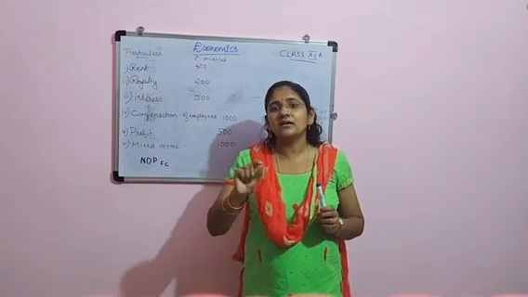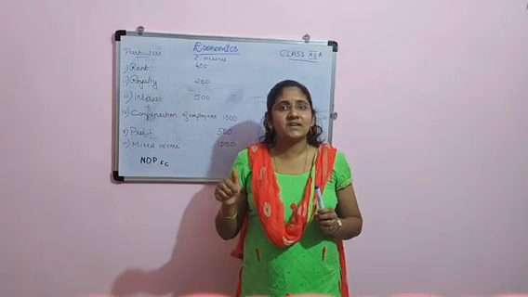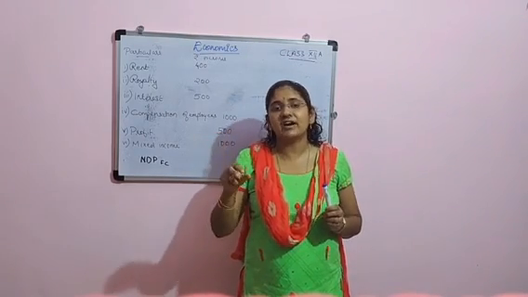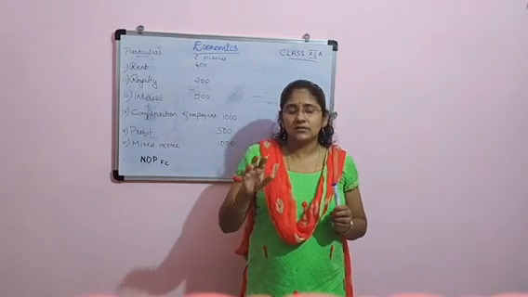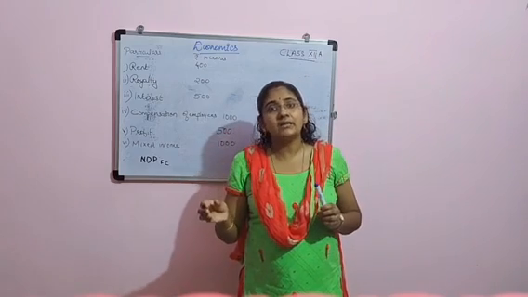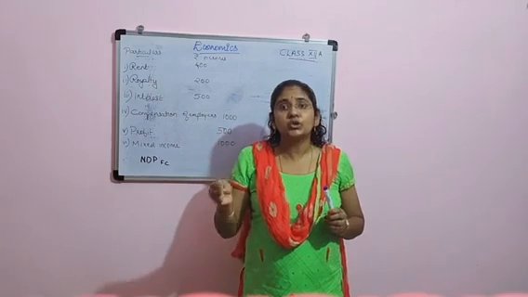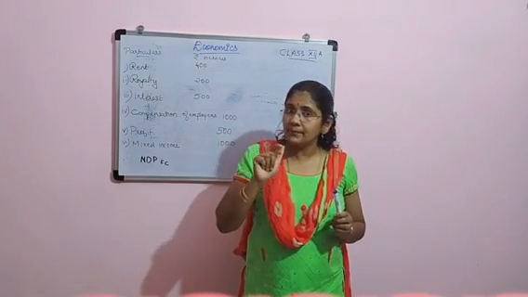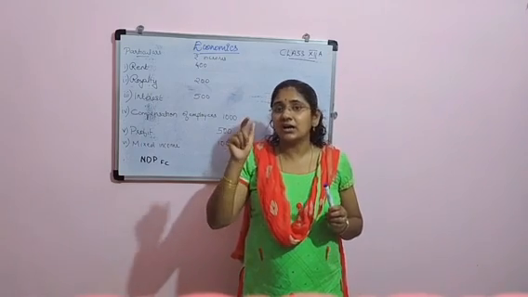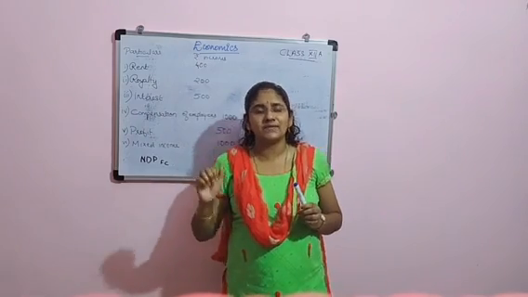So once again, I am mentioning these points. Firstly, depreciation helps in converting net to gross. When we add depreciation to the net values, we get the gross values. Otherwise, when we deduct depreciation from the gross values, we get the net values.